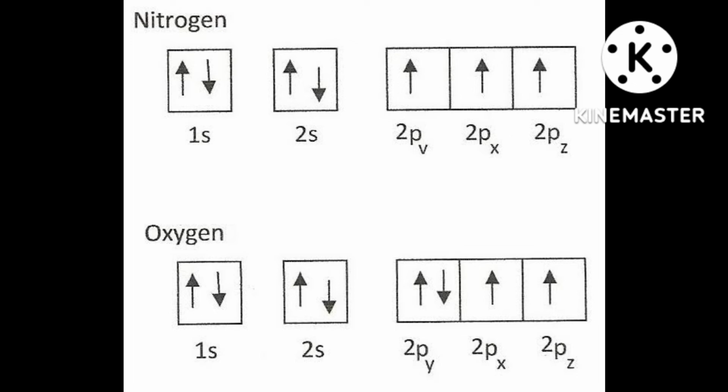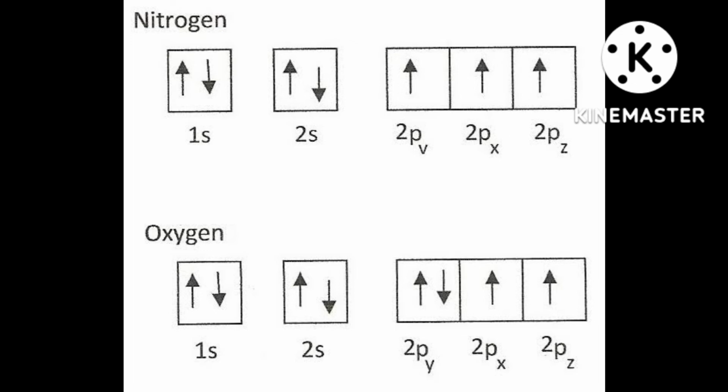In hybridization, sometimes out of the 3 p orbitals, only px and py take part. The third, pz, will not take part.